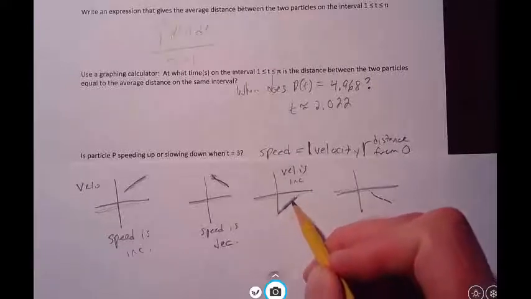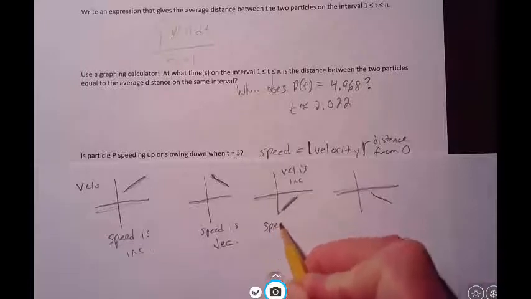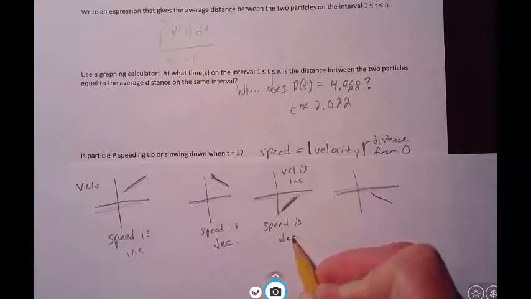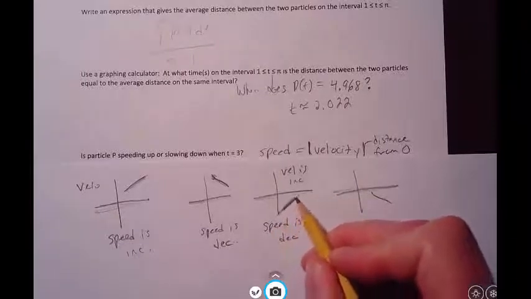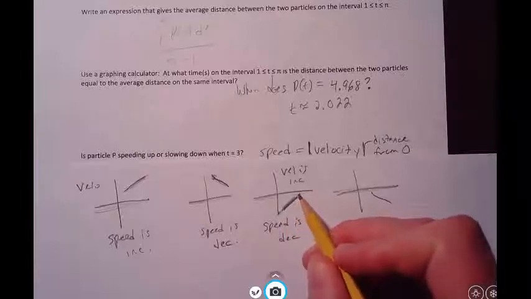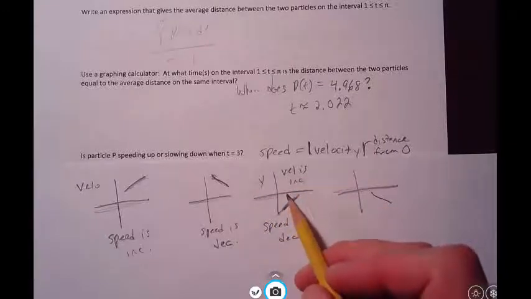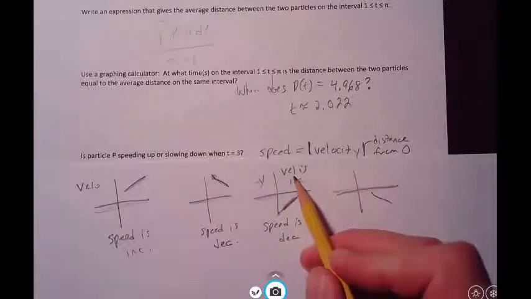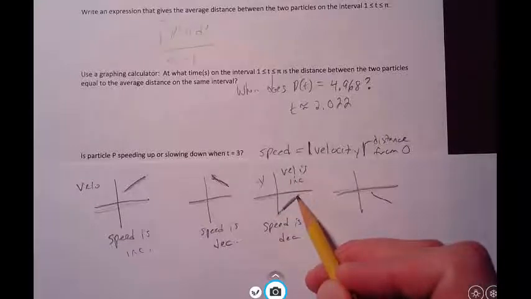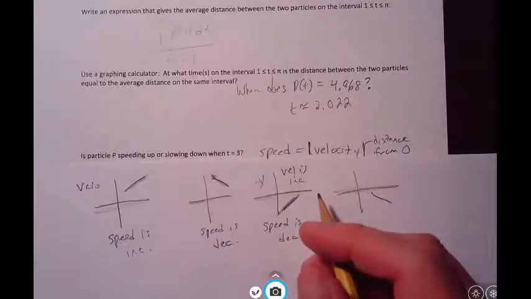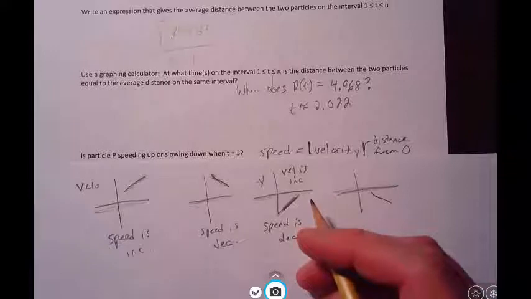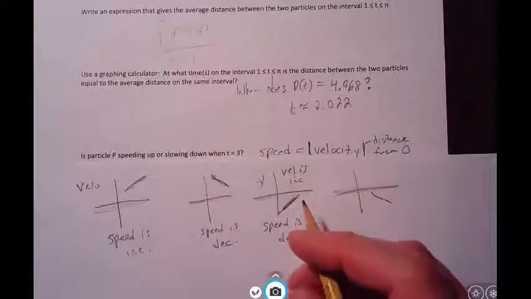It is getting closer to 0, which means the speed is decreasing, because the speed, the absolute value, is getting closer to the x-axis. They love this one because everyone wants to say speed is increasing, because they think, oh, speed, velocity, same thing, increasing. But you'll obviously come up with the opposite answer because of the absolute value concept.